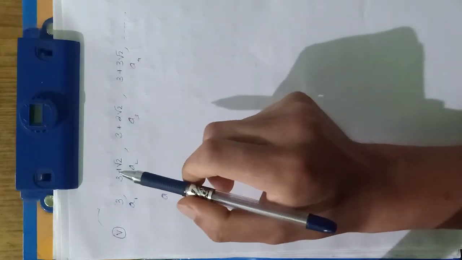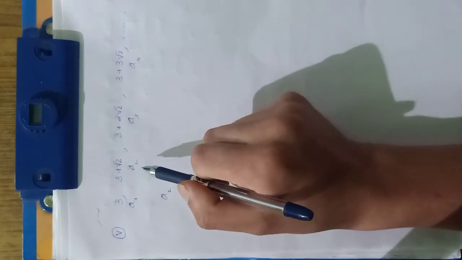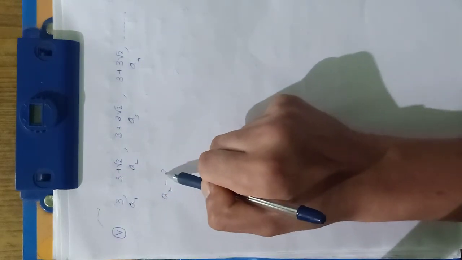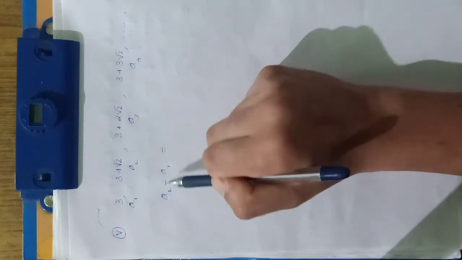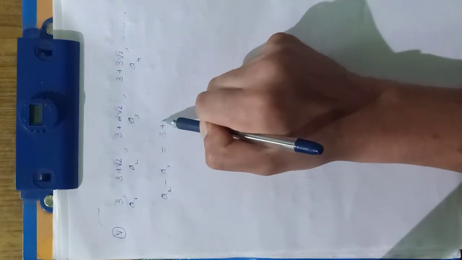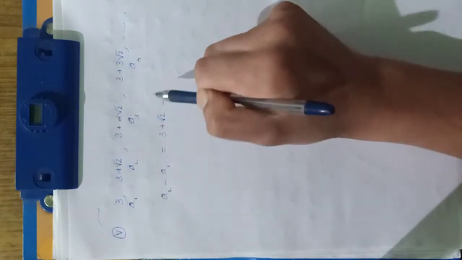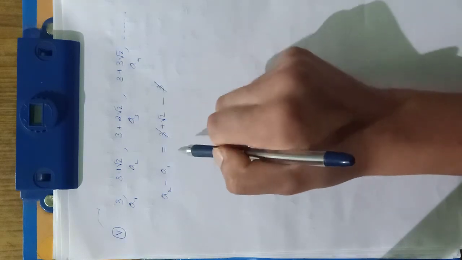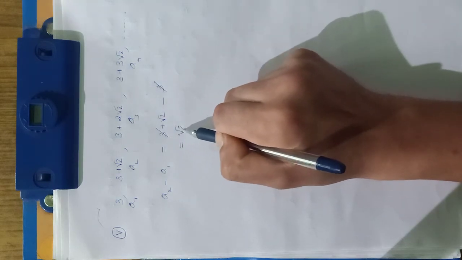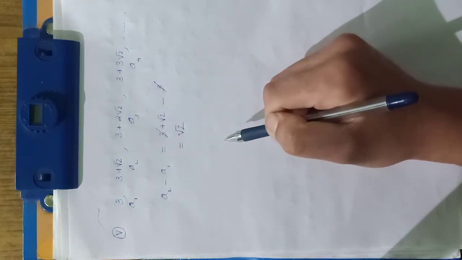Now, we always need to subtract its preceding term, that is, we have to subtract A1. So your second term is 3 plus root 2 minus the first term, which is 3. Positive 3, negative 3 can be cancelled out. So that gives you square root of 2 as the difference.